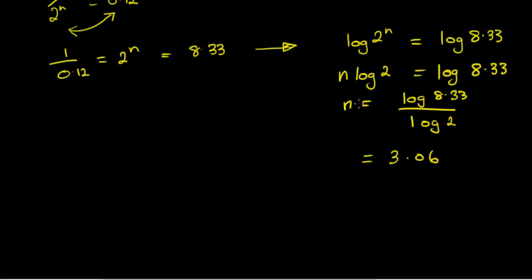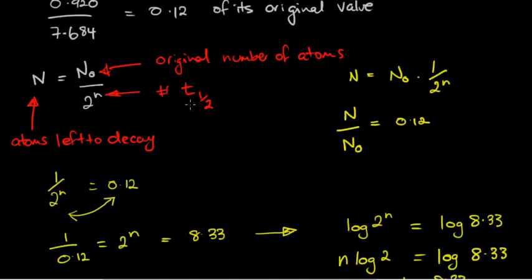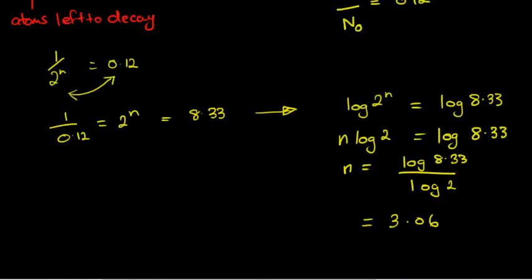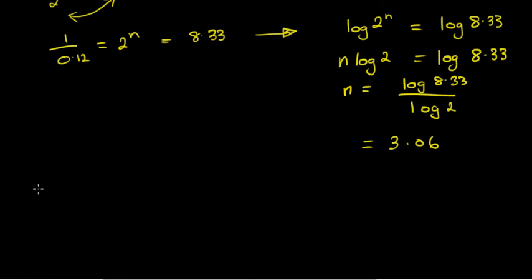Now what does this number mean? We've calculated the number of half-lives, that little lowercase n, equal to 3.06, and we know that carbon-14 has a half-life of 5,730 years.